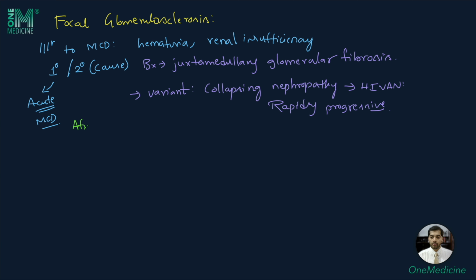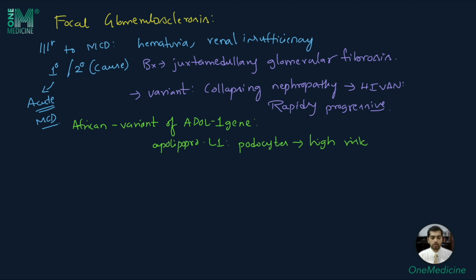A particular type of African variant of APOL1 gene, which codes for apolipoprotein L1, which is seen in podocytes, carries a higher risk for progression.